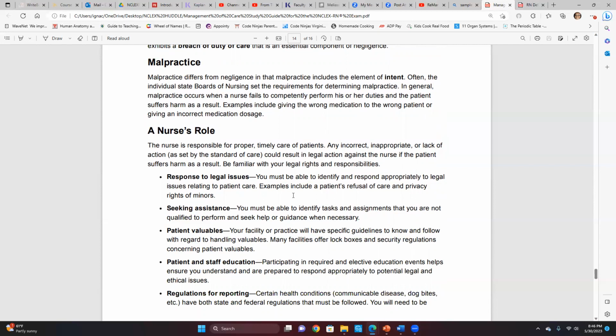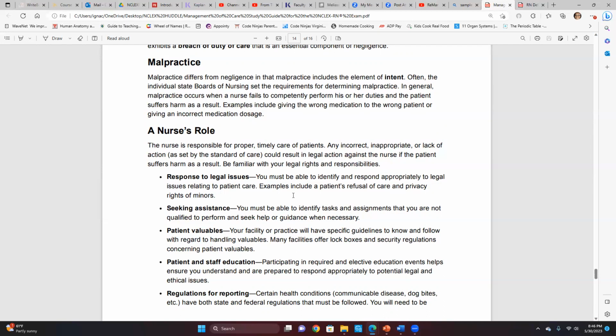There has to be a relationship. There's a duty of that healthcare professional to be caring for the patient. What are the other ones? We just talked about it tonight. There's a breach of duty. Harm happened to the patient, and there's one more thing.